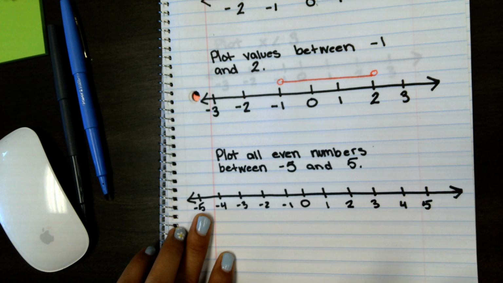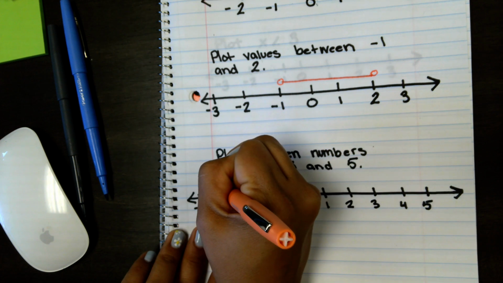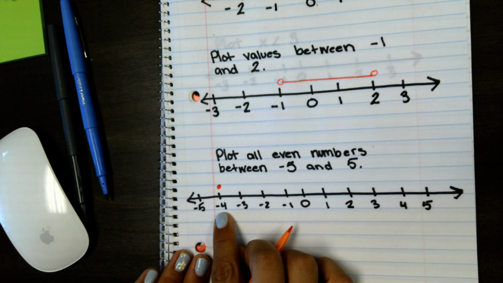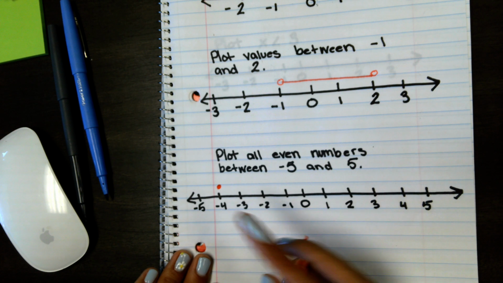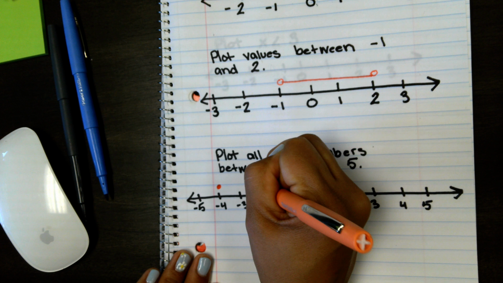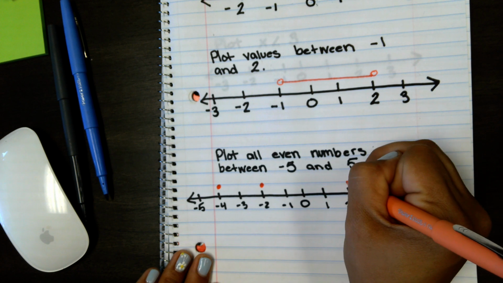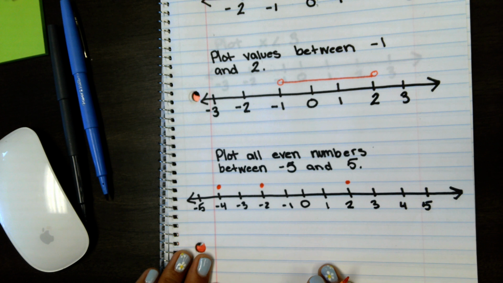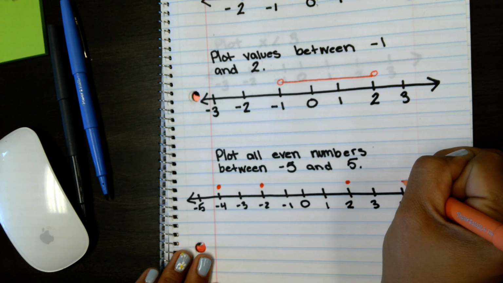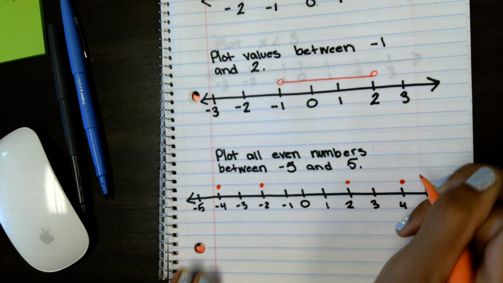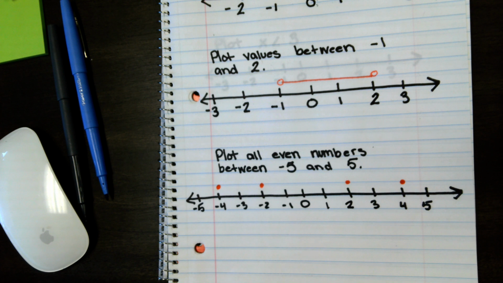That means it includes -4. That's an even number. -2, 2, and 4. All that are divisible by 2.